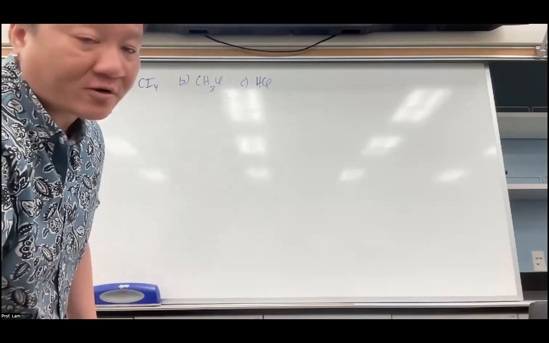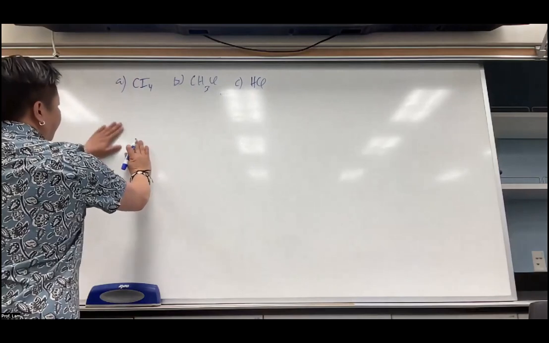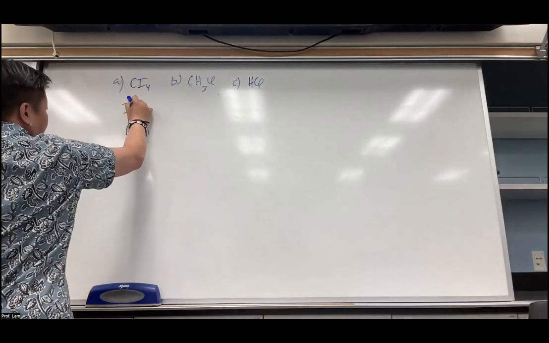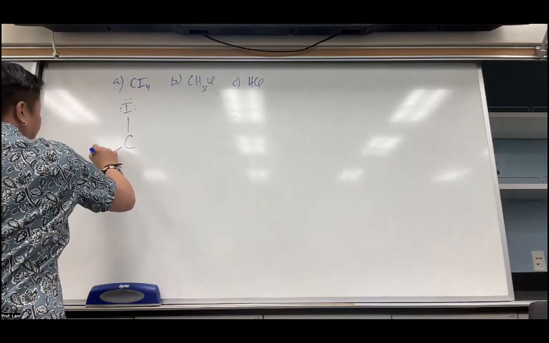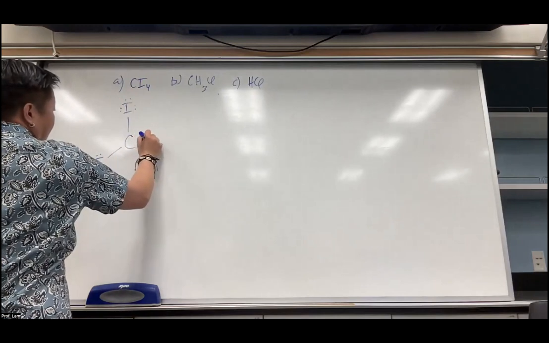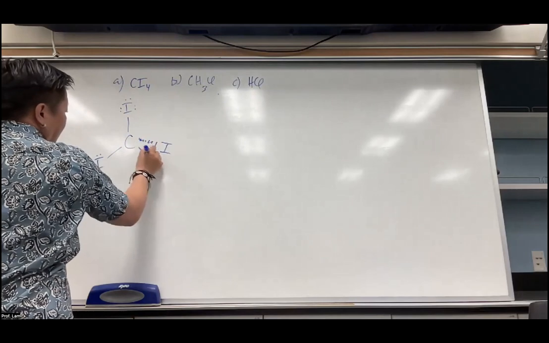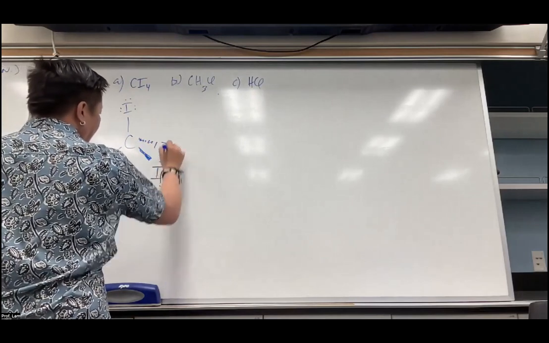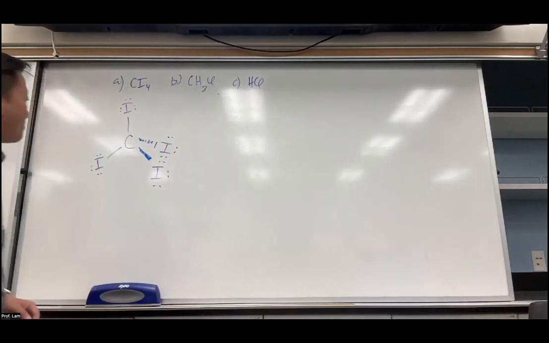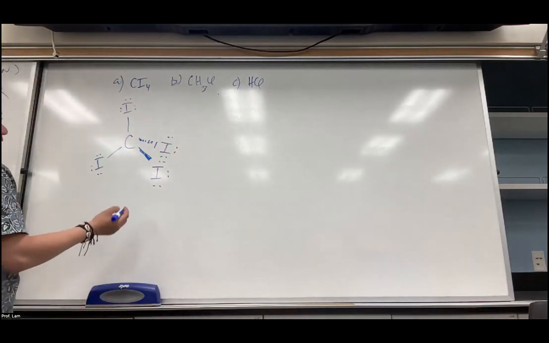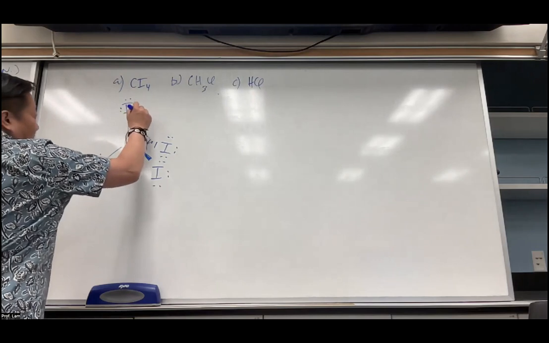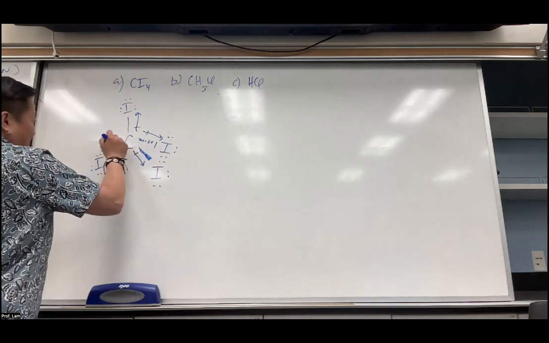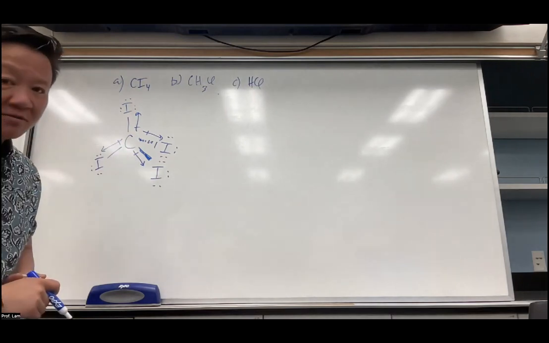Okay, CI4. That's tetrahedral again, right? Four things. So all arrows are gonna point towards the I, as I is more electronegative than carbon.